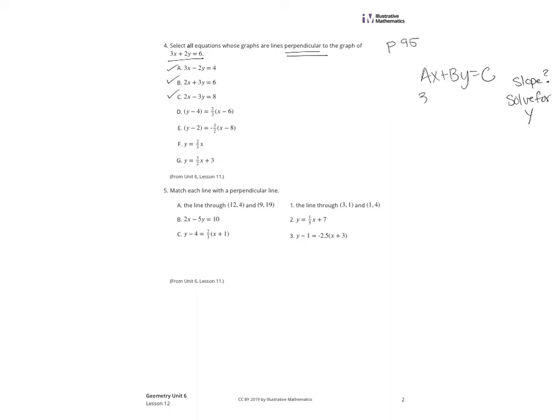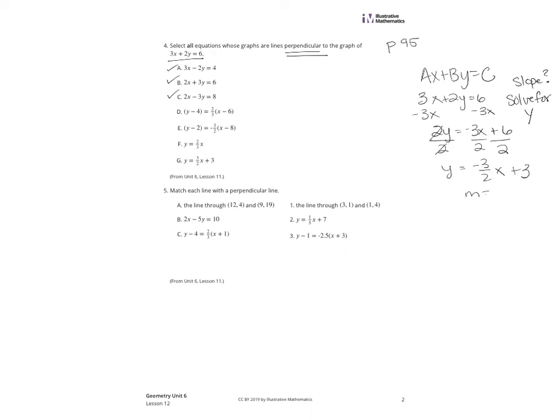So let's take our 3x plus 2y equals 6, and let's solve this for y. I'm going to subtract 3x on both sides, and I get 2y equals -3x plus 6. I'm now going to divide everything by 2. And when I do that, my y equals -3/2 x. I'm just going to pull the entire fraction out as a coefficient, and 6 divided by 2 is 3.